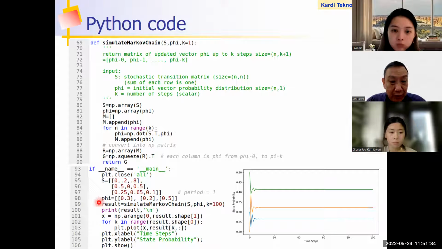You can get that if you print this result, or you plot it, the same thing. Once you make it, can you share your screen?